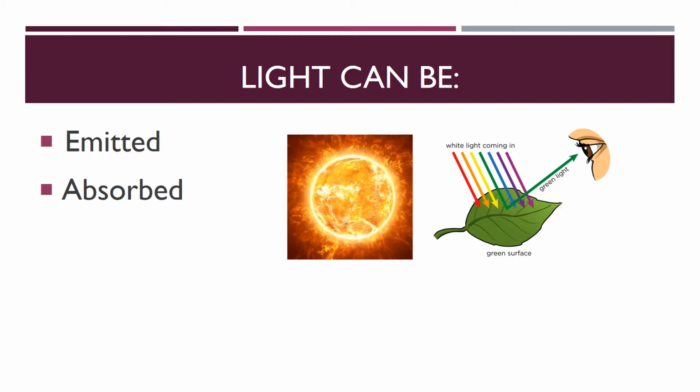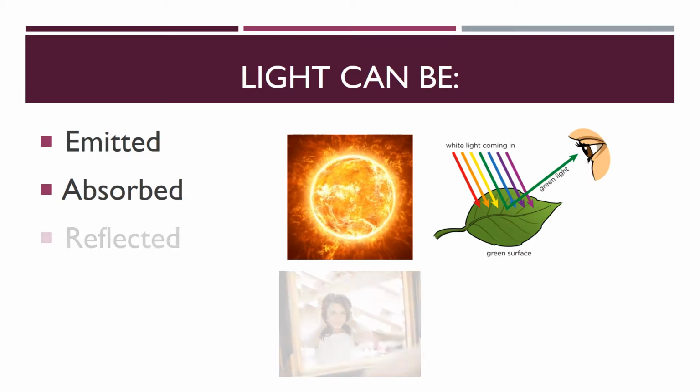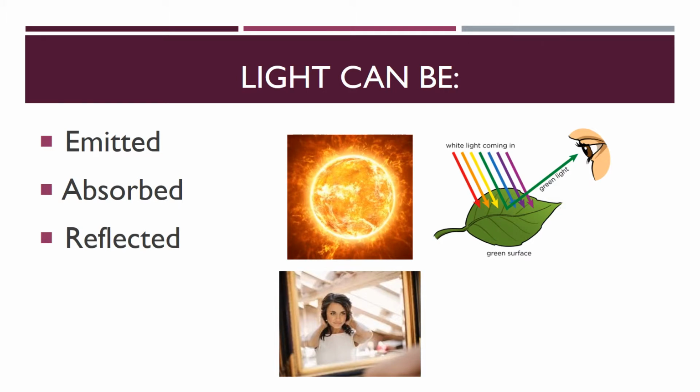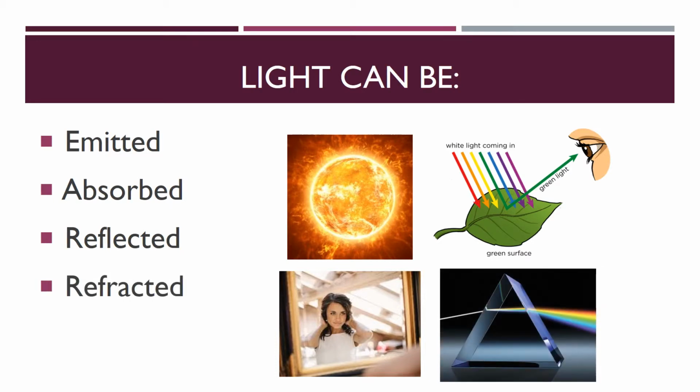For example, plants absorb light to create their own food through the process called photosynthesis. Light can also be reflected, which is going to be our topic later on. And light can also be refracted, so it can bend when it goes from one medium to another. For example, when it goes from air toward water, you can see that the light is being refracted.